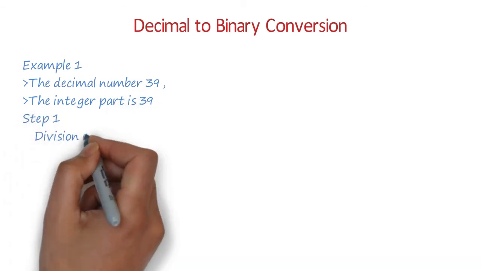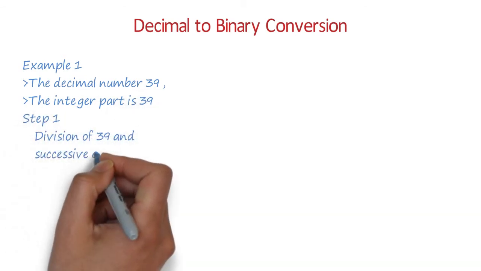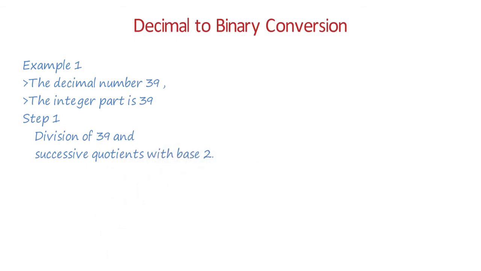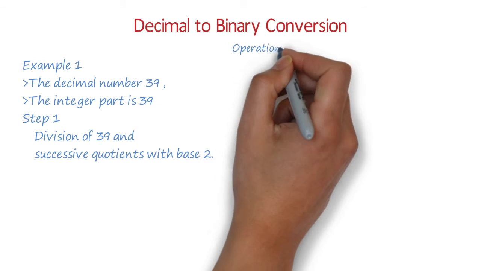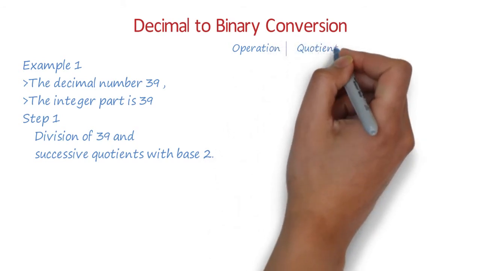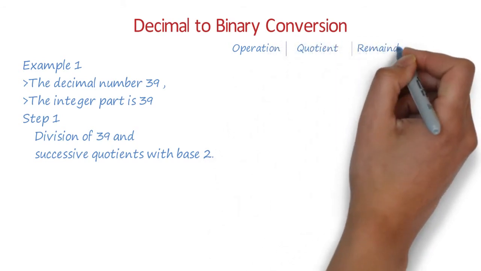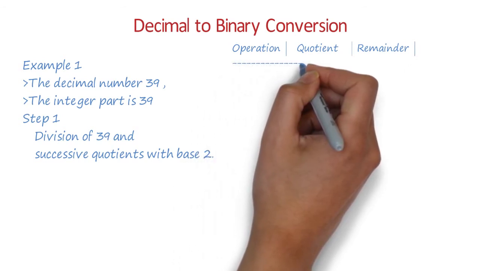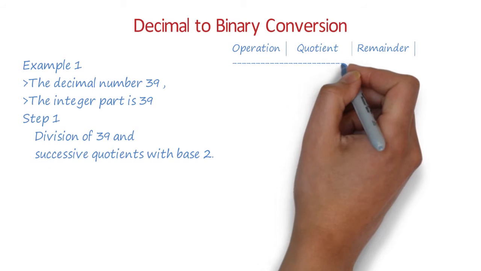So for converting the decimal number 39 into binary, we are going to divide this number by the base of the binary, which is 2. In the first operation we will divide 39 by 2.